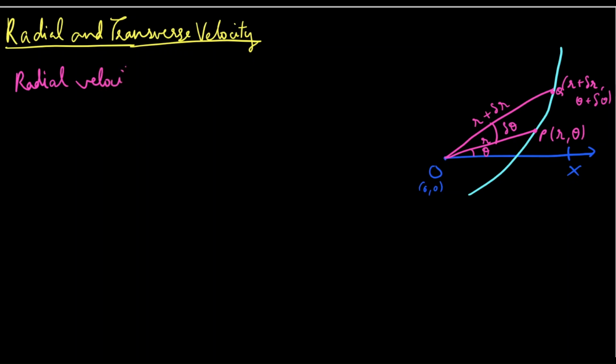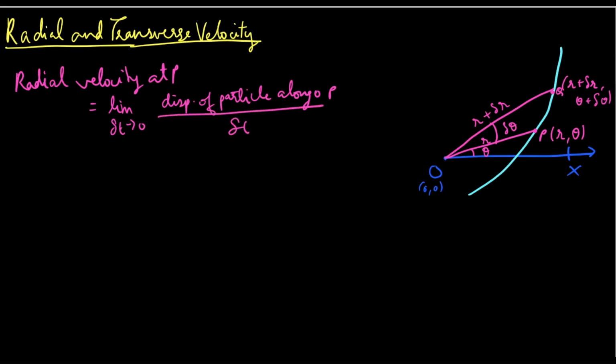Radial velocity at P is given by limit del t tends to 0 displacement of particle along OP over time del t, which means that when the particle travels from P to Q, its image on the line OP, which we are going to extend, tends to move from P to some point M such that QM is perpendicular to OP.